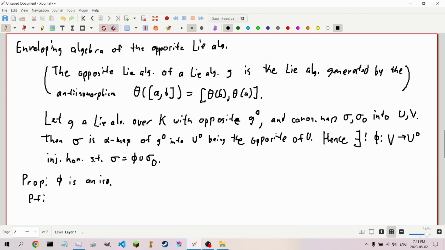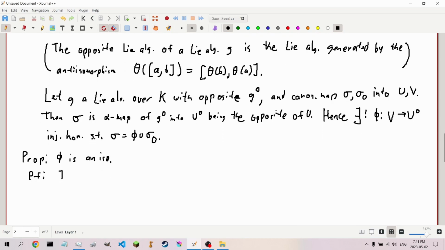And the proof. So it says here there exists a homomorphism phi prime of U into V, which is an injective homomorphism such that sigma naught equals the composition of phi prime and sigma.